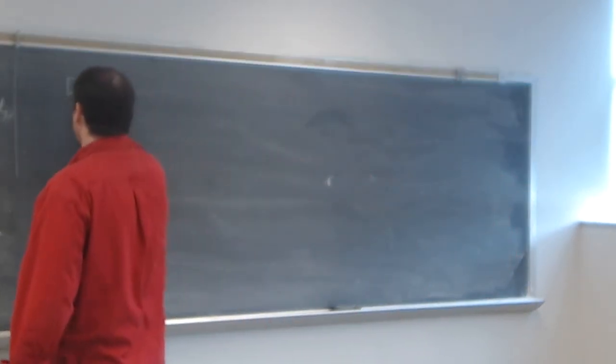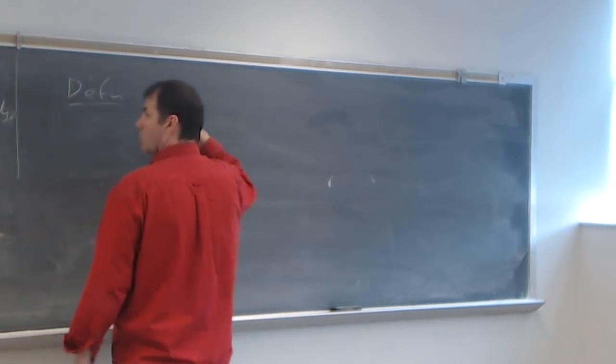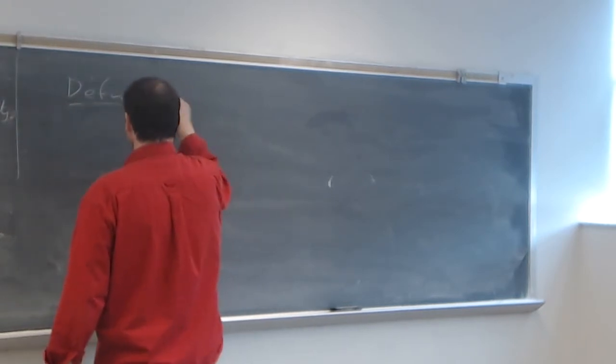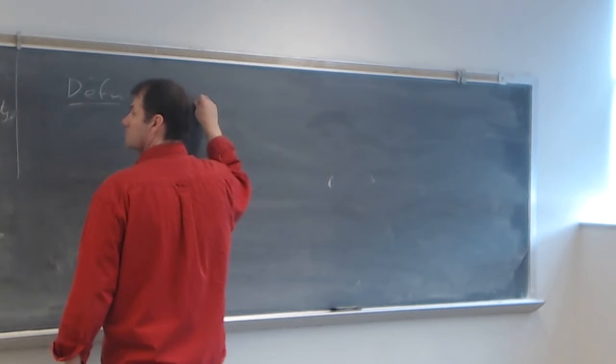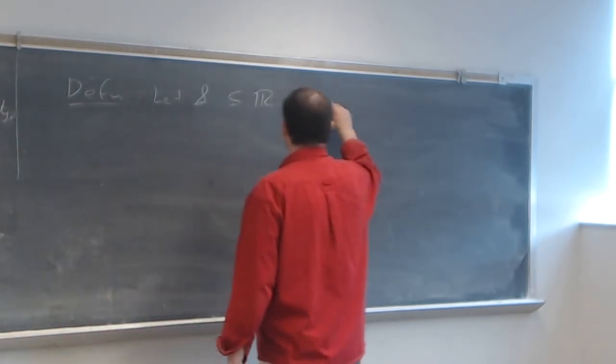But next I want to give a definition. So what does it mean to be bounded below? So we'll let script S be a subset of R that is non-empty.